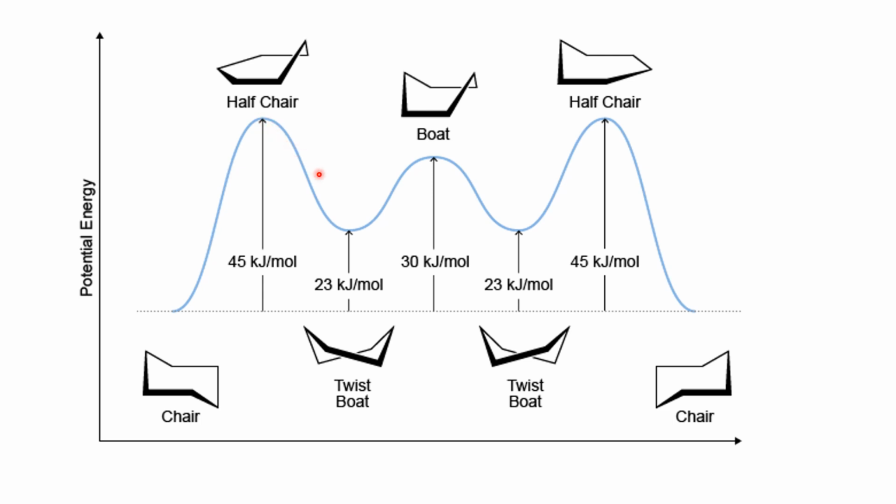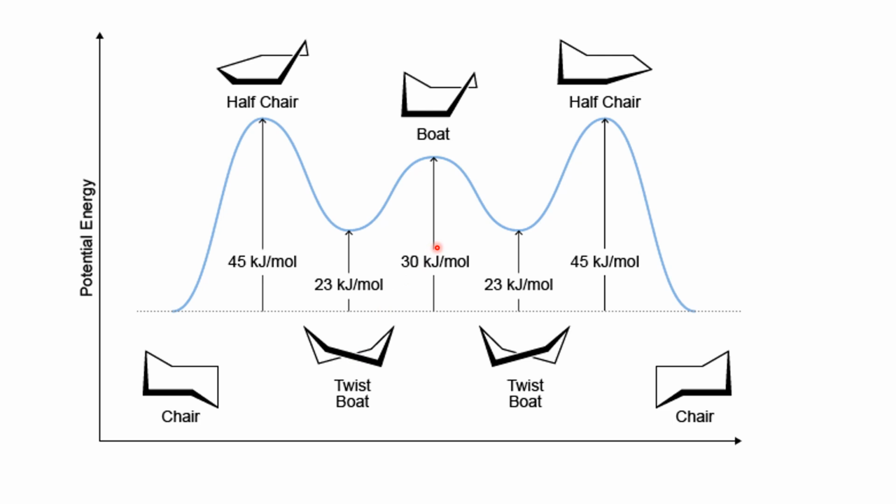Then it moves to a twist boat conformation, which has greater energy than chair conformation but less energy than half chair conformation. You just see. Then we move to boat conformation. Basically, boat conformation has more energy than twist boat conformation.